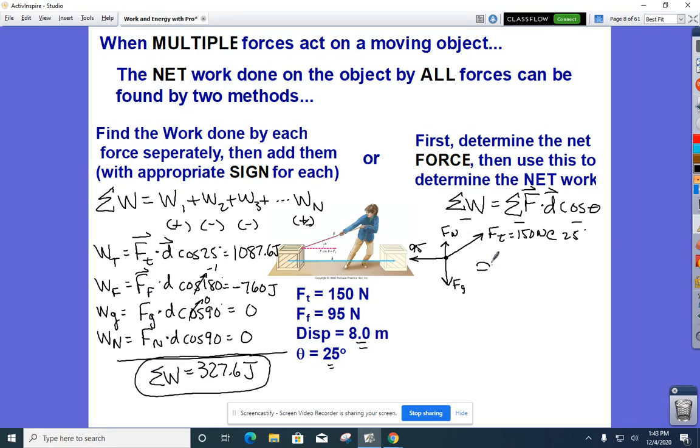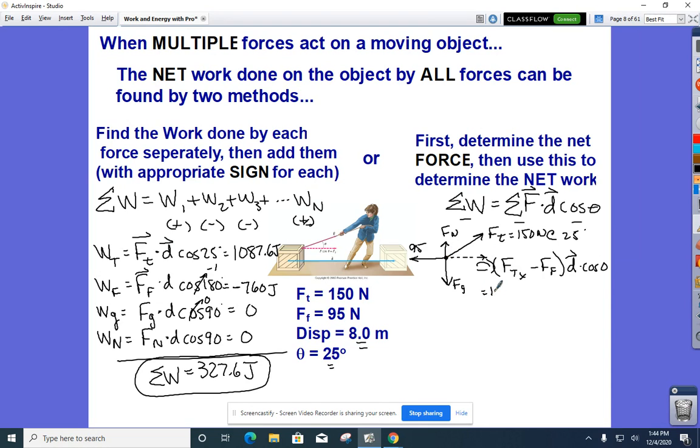So I might just take this as a component this way, minus the force of friction times the displacement, and then times the cosine of 0 degrees, since the unbalanced force is towards the right, and the object is moving towards the right.